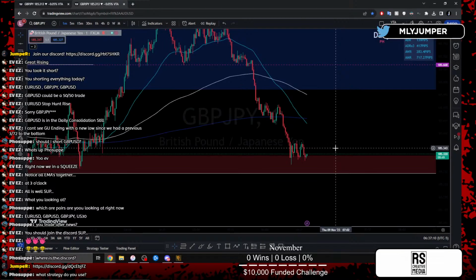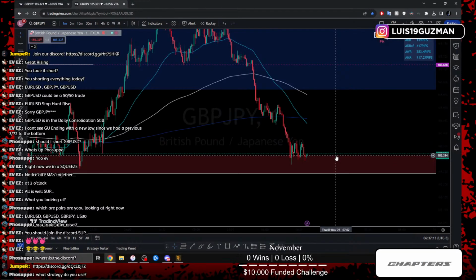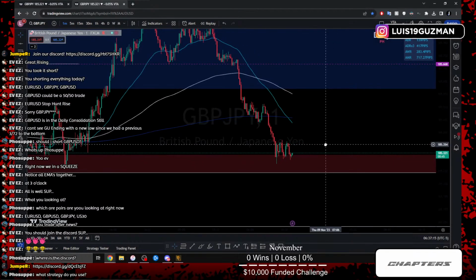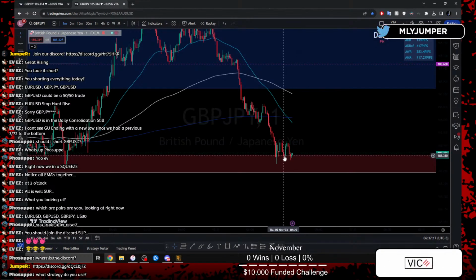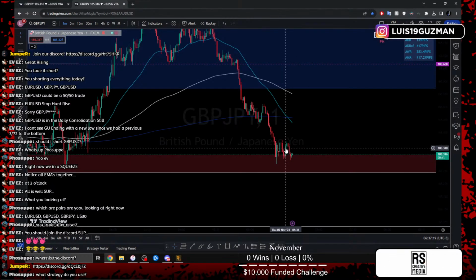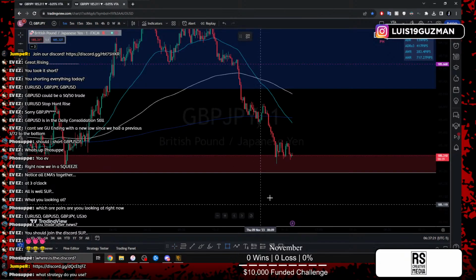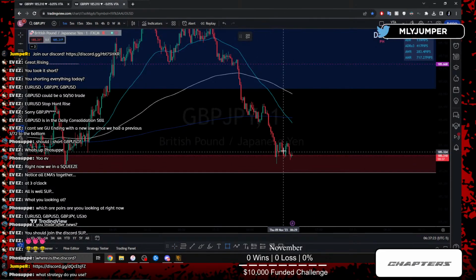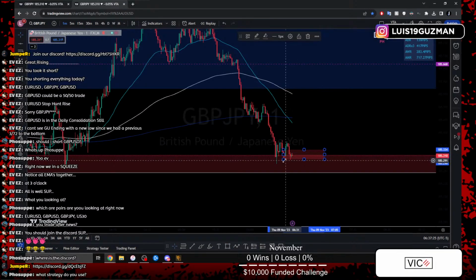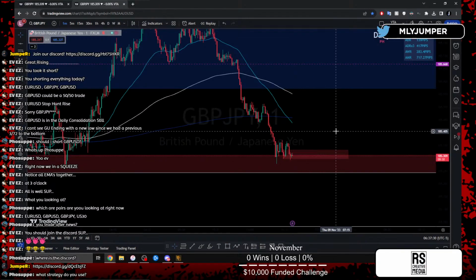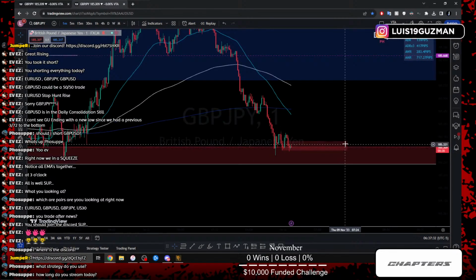So if we see a red, red, green, we know we want to start staying out of the trade. So here we have red, red, green engulfing candle. We want to see price respect this low here.